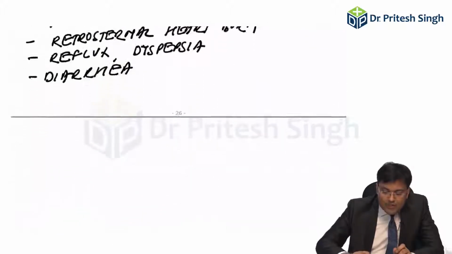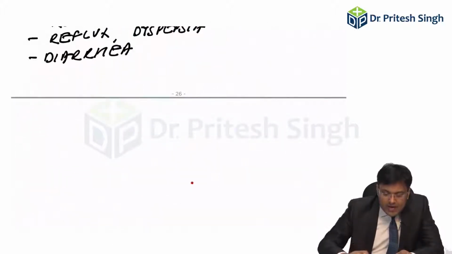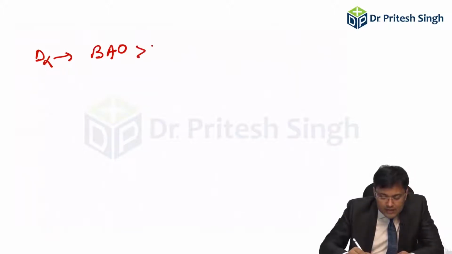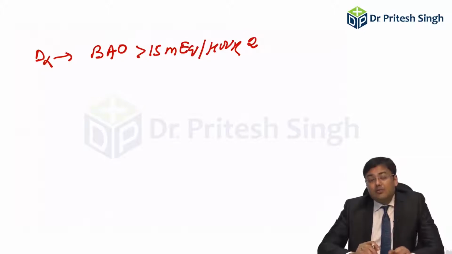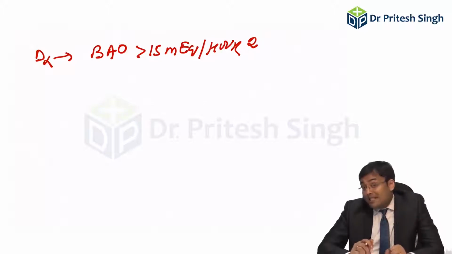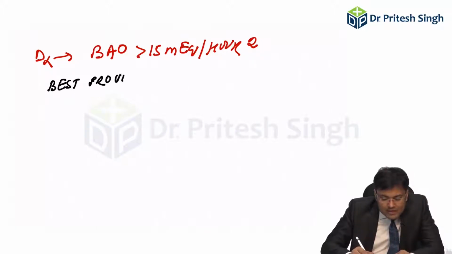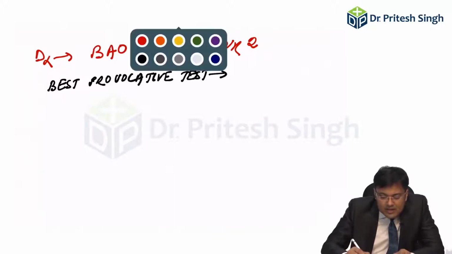How are we going to make the diagnosis of this condition? We measure basal acid output. This basal acid output is more than 15 milliequivalent per hour. This value is diagnostic. And suppose basal acid output is less than 15 milliequivalent per hour, and we still suspect this particular tumor, we have to go for the best provocative test. And what is the best provocative test for the diagnosis?